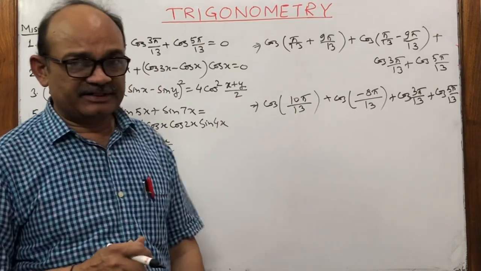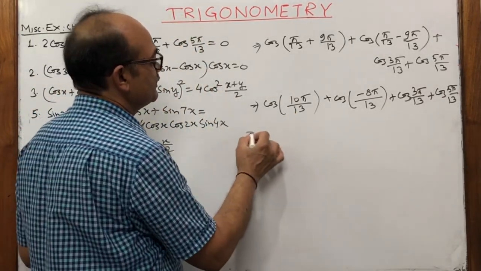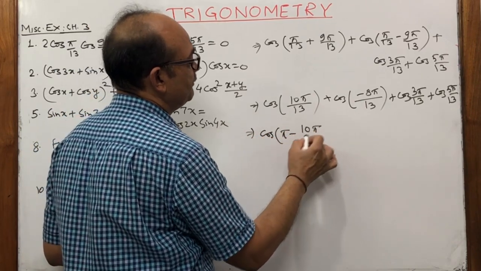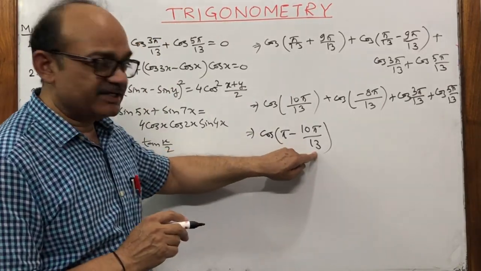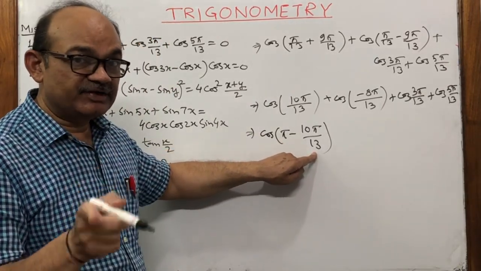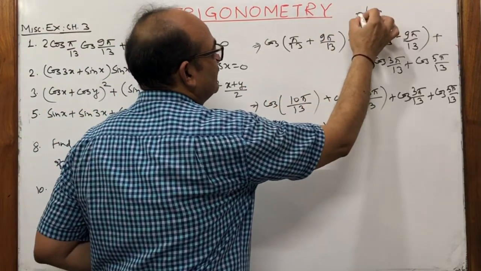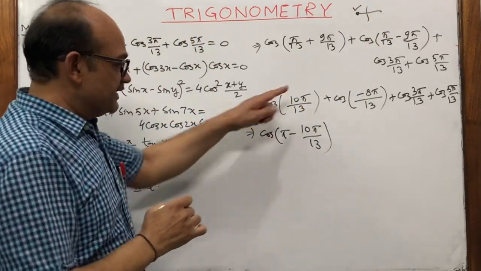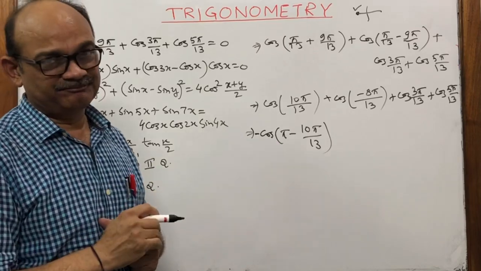This 10 pi by 13 we can write in terms of 3 pi by 13. How? Cos (pi minus 3 pi by 13), because cos (180 minus theta) is what? Recall, this is 180 minus theta, so here if you put 1 minus x, these two are the same.